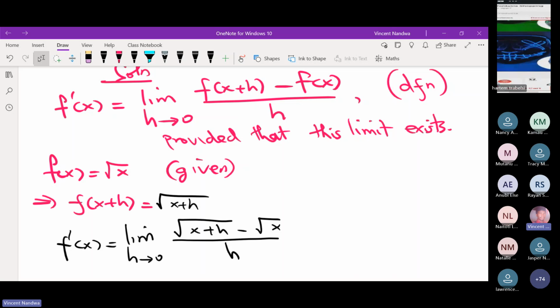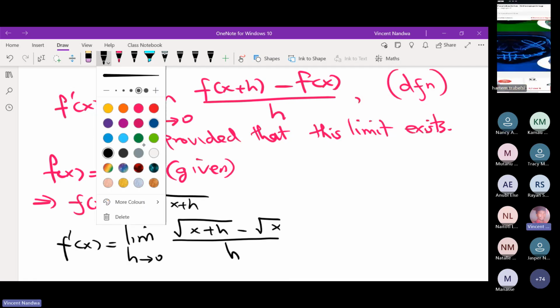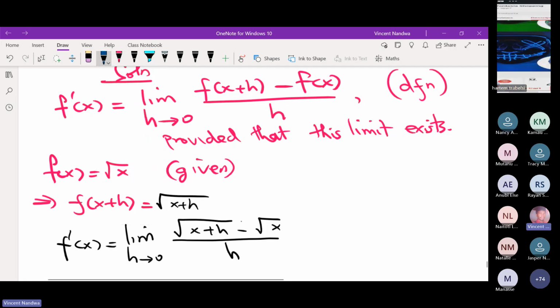Denominator? Also 0. So 0 by 0 is undefined, which tells us that direct substitution cannot help us compute this limit. So what would be the best method to work out this limit? Rationalization, because we have a root function.